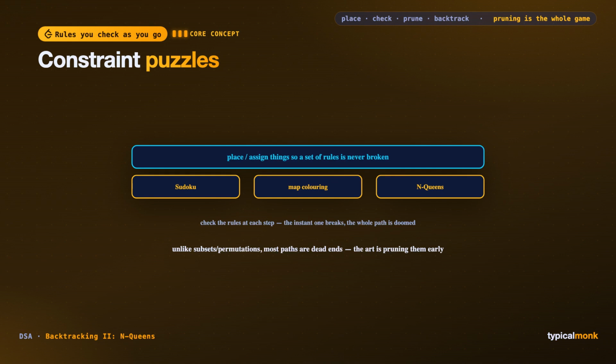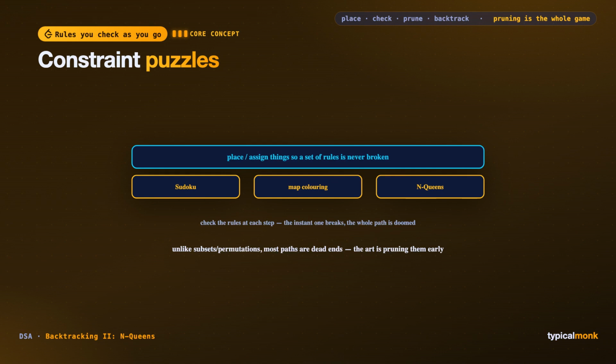This is the crucial difference from last class. In subsets and permutations, almost every path led to a valid answer, so we walk them all. In constraint puzzles, most paths are dead ends that violate the rules early, and the whole art is detecting those dead ends as soon as possible and pruning them away. The constraints are not just what defines a solution.